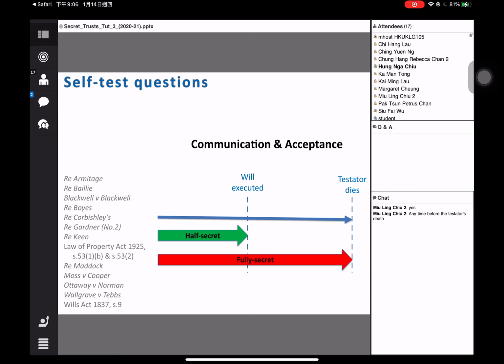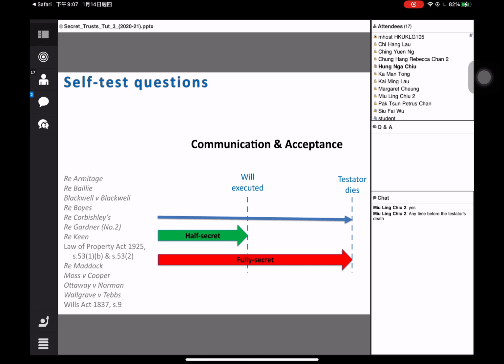Now, when it comes to acceptance, when the secret trustee accepts, basically agrees to be the secret trustee, he will normally expressly accept. But what if he says nothing? Can he accept by silence?